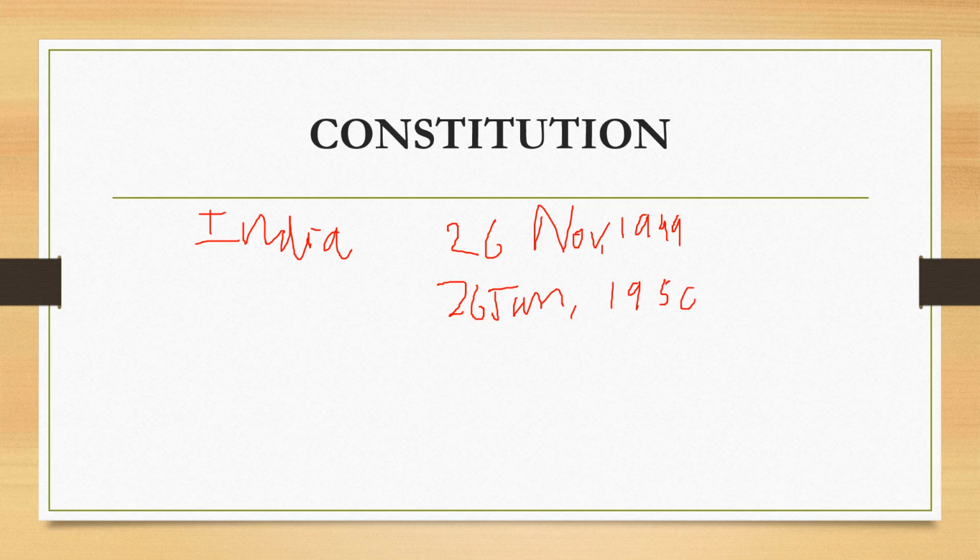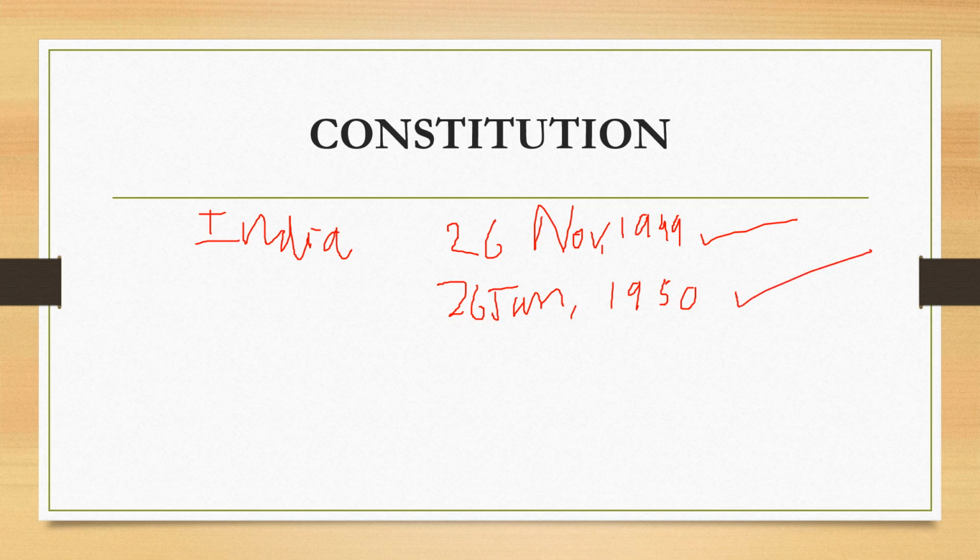So you have to note the difference. In the question sometimes it will be asked, when was the Constitution adopted? The Constitution was adopted on 26 November 1949 and it came into effect on 26 January 1950.